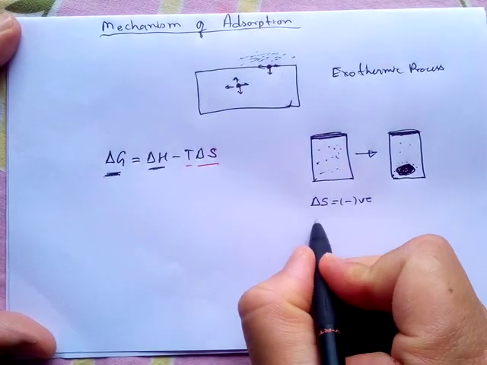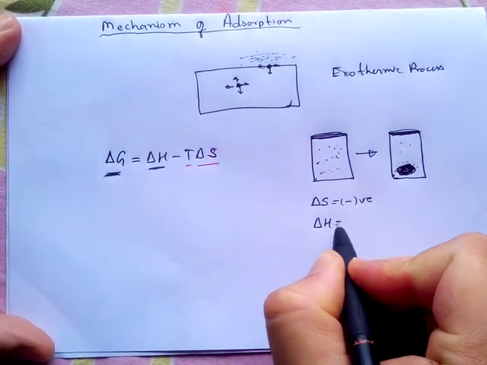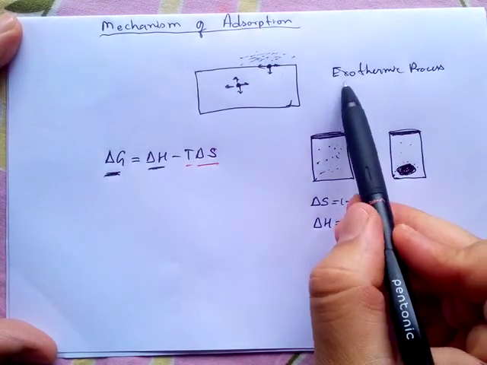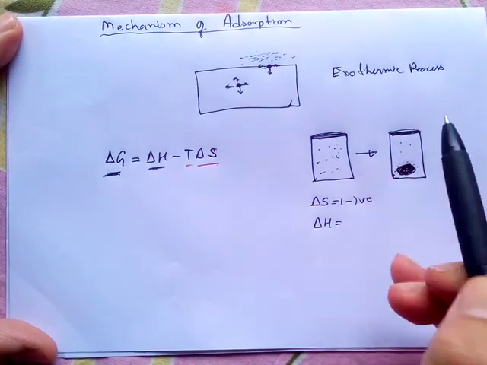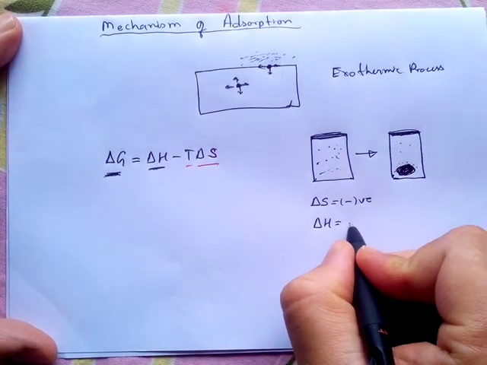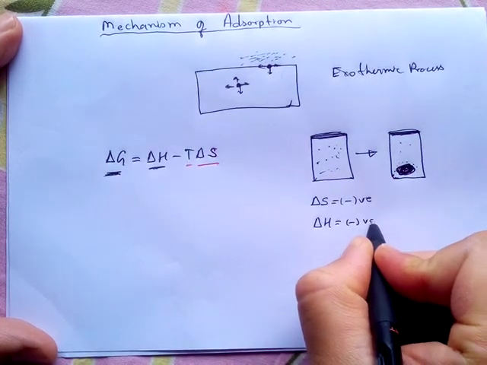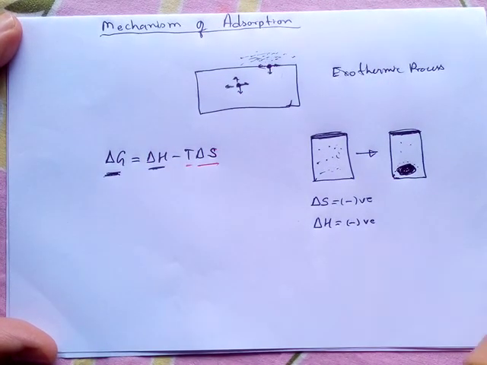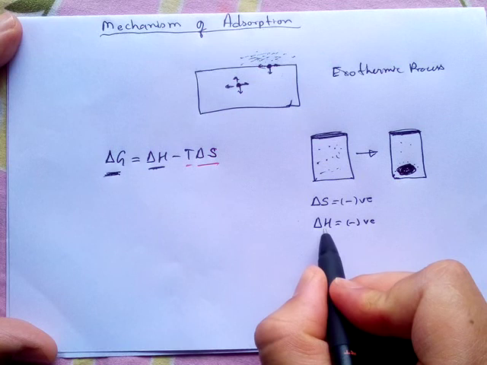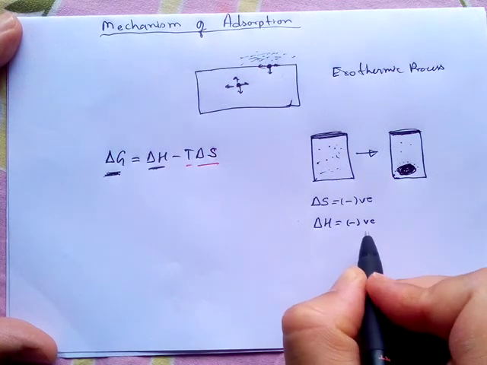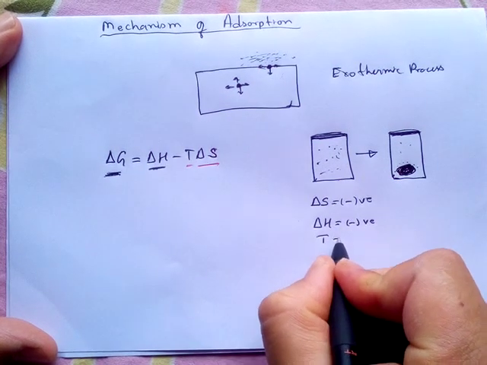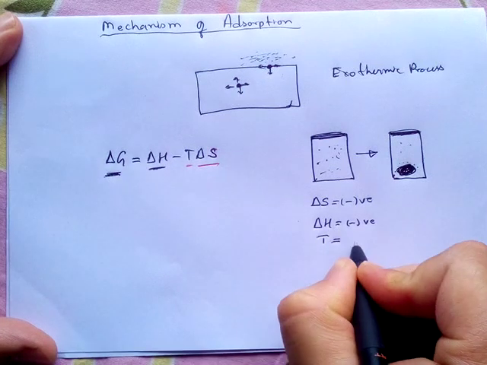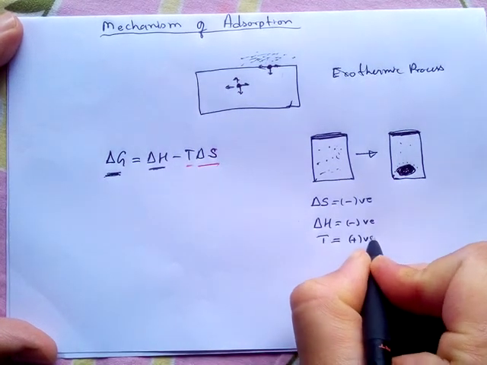Now another important criterion is delta H. What will be the value of delta H? We have already mentioned that it is an exothermic process. For an exothermic process, from thermodynamics, delta H is negative. Now T, what is T? T is the absolute temperature and it cannot be negative, so it's always a positive value.